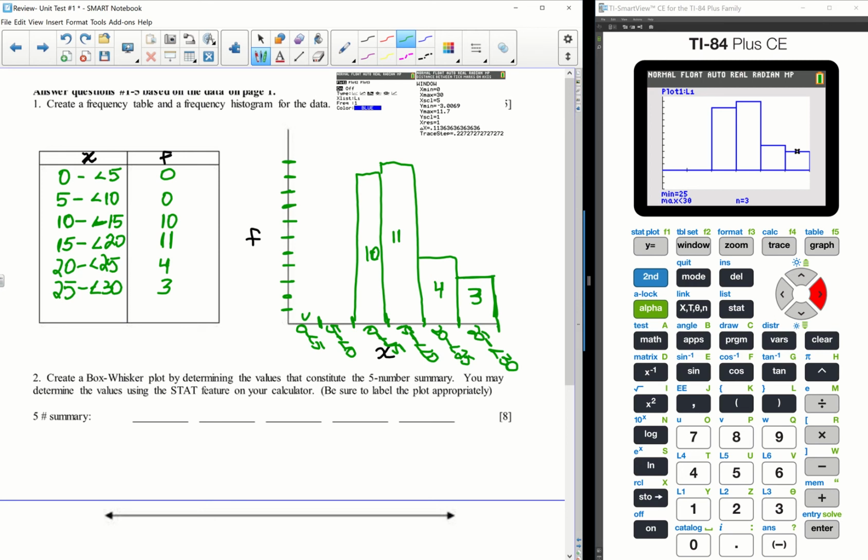Throw a couple of zeros here for good measure. They don't need to be there, but you feel like we've accounted for everything. So that's good enough for full credit. So you can see just how awful your graph can be and still get full credit.